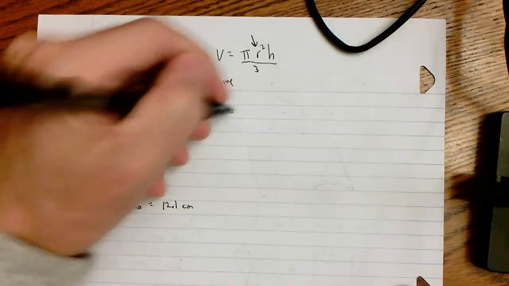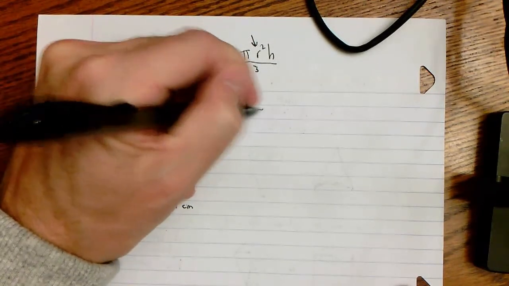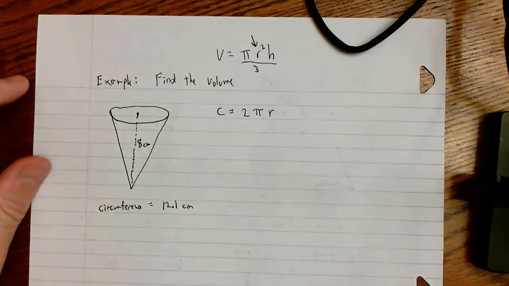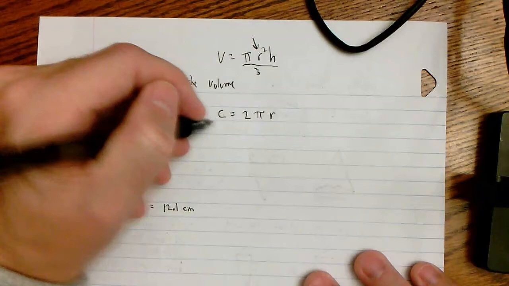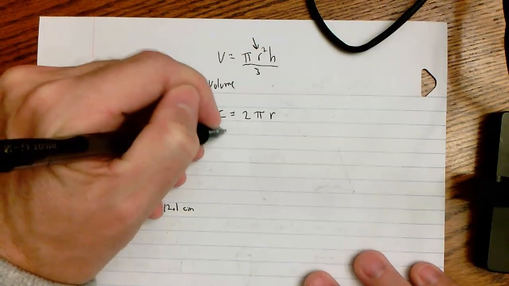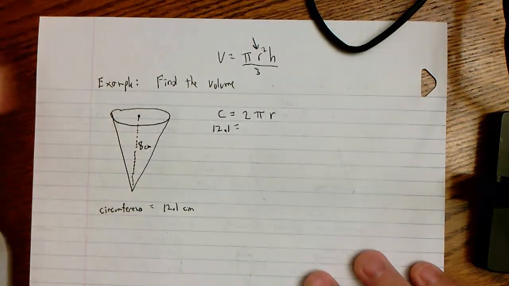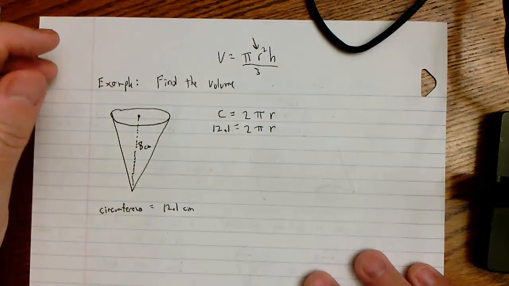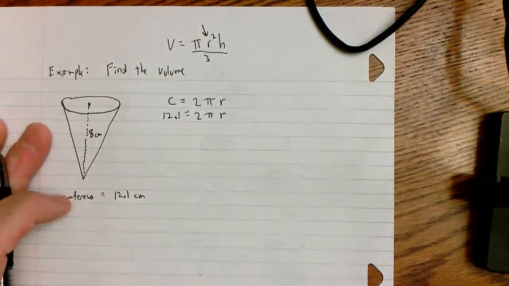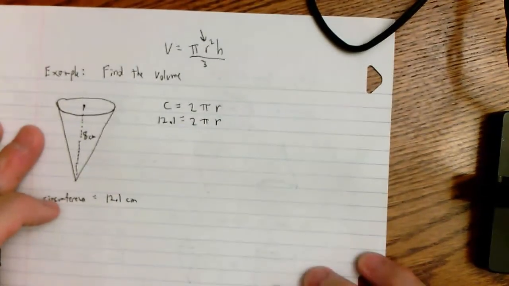Remember from earlier in the notes, circumference is equal to 2 times pi times the radius. And since I know the circumference, I can substitute that in here and say that 12.1 is equal to 2 times pi times the radius. And now I want to show you something.